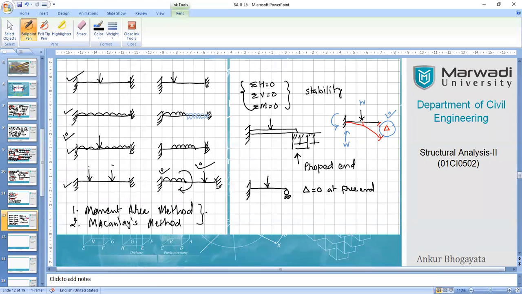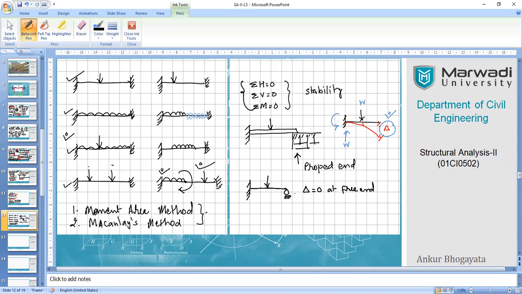So we can represent this as the primary condition of deformation. If you want to match the deformation requirements, you can say that the deflection should be 0 at the propped end. Right? So there is a notion called compatibility.